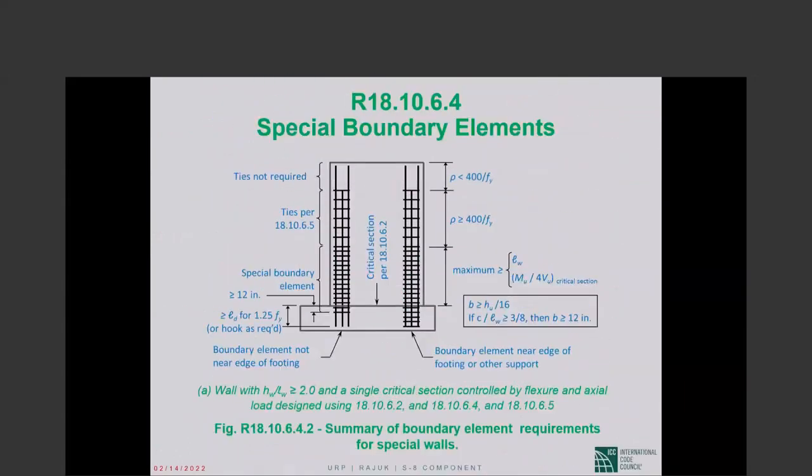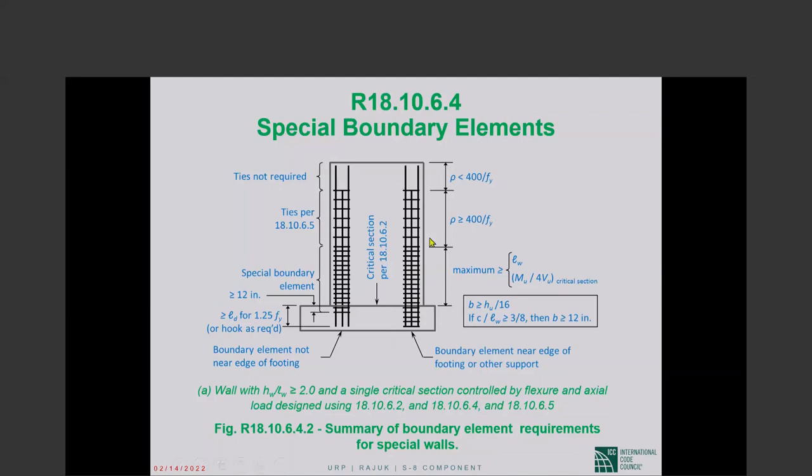The main points of the figure that I want to emphasize to you that is not well understood is, so your calculations show that at the critical section you need special confinement. Okay. Special confinement shall be extended over the distance that we have discussed many times, and into the foundation it will be one development length of the largest longitudinal bar or 12 inches, whichever is the larger of the two.